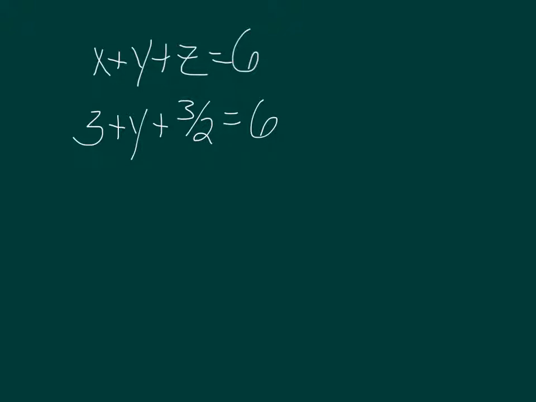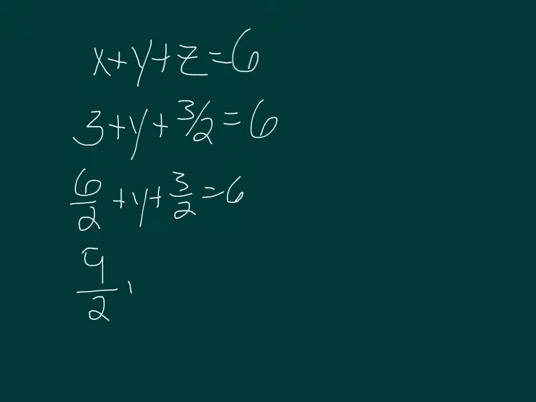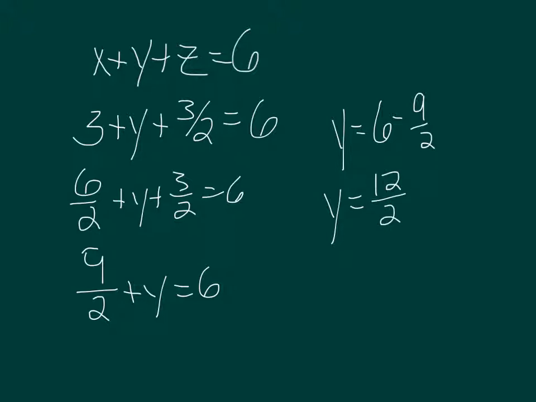Okay, so this is the same as 6 over 2 plus y plus 3/2 equals 6. So 9 over 2 plus y equals 6. And when we subtract 9 over 2 from both sides, it'd be like y equals 12 over 2 minus 9 over 2. So y equals 3/2.